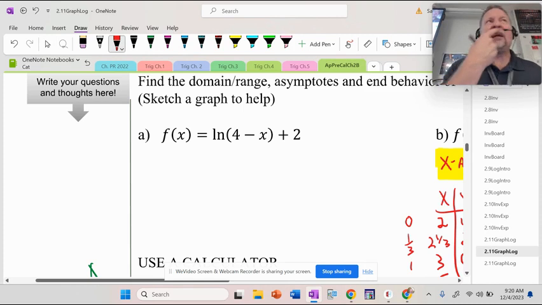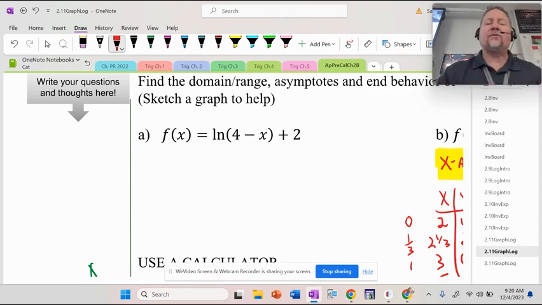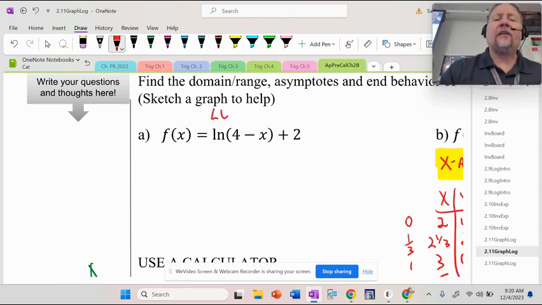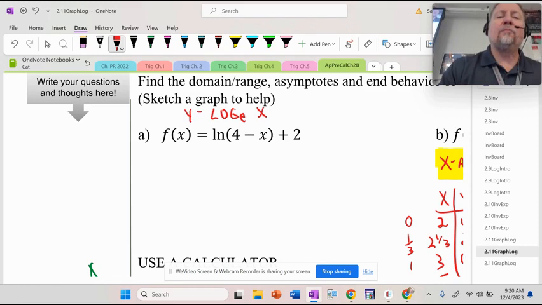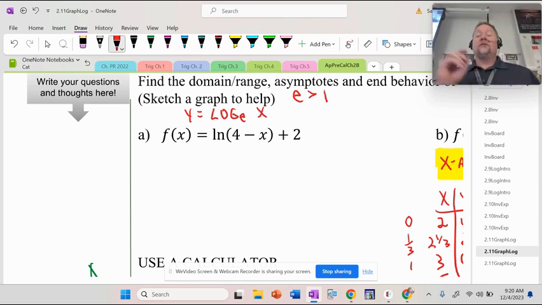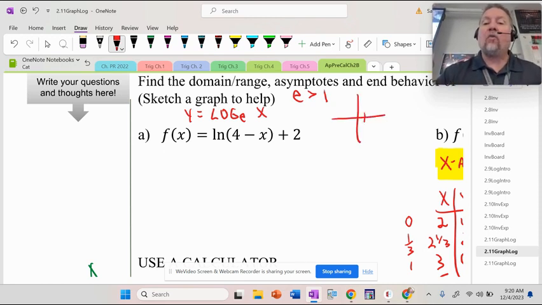Because what is ln? Log base what? E. What is e? e is 2.718. All you need to know is e is greater than 1. So its parent increases. We still have the 1, 0 point because e to the 0 is still 1.